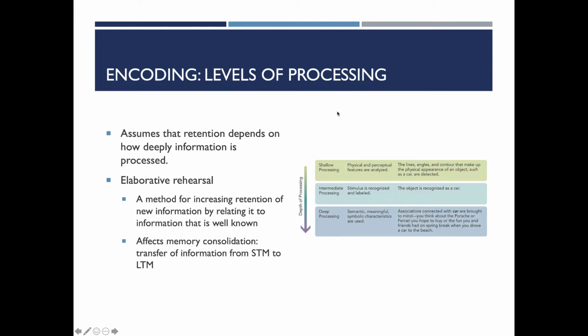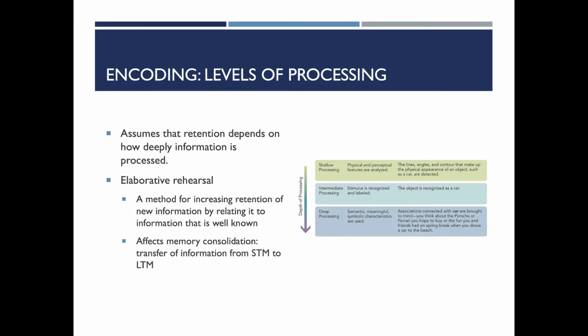If you want to get information into your long-term memory and make it easily accessible, you need to be aware of this concept, levels of processing, and specifically the concept of elaborative rehearsal. So we already talked about maintenance rehearsal, saying things over to yourself to keep it in short-term memory. But to get information into long-term memory, you need deep processing.